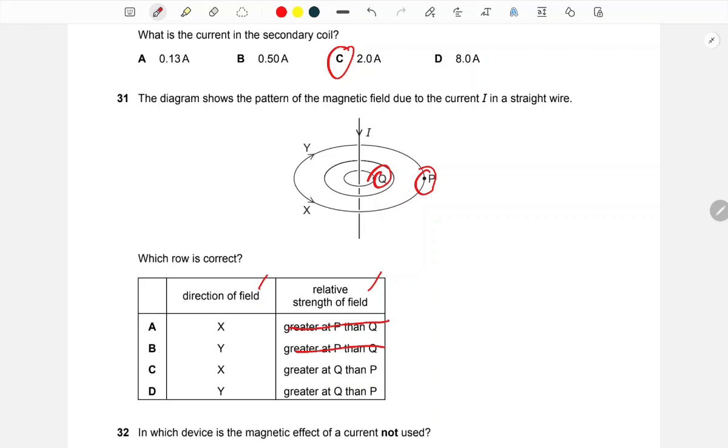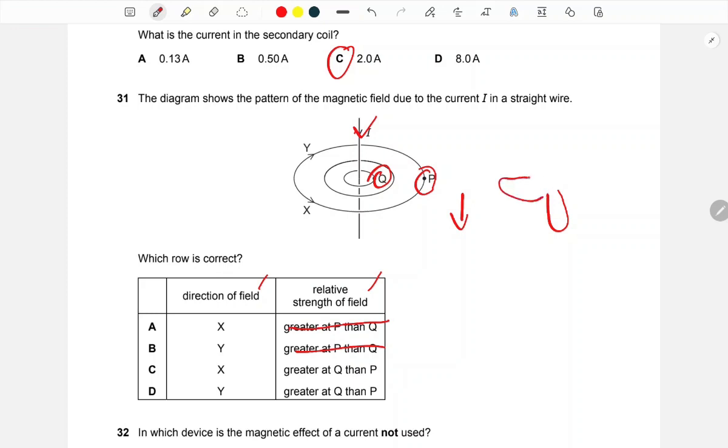And now to determine the direction of the magnetic field, if it is set up like this and we have the current going down, we use the right hand thumb rule. When we use the right hand thumb rule, or the right hand grip rule, we have our thumb, I'll try to draw this, but I'm not a good artist, pointing down in the direction of the current, and then we'll have a grip.